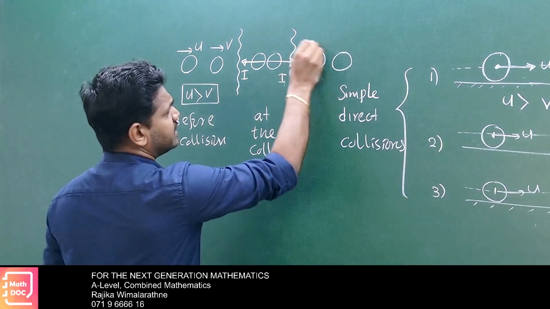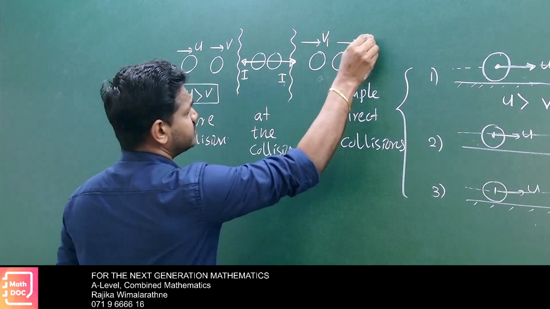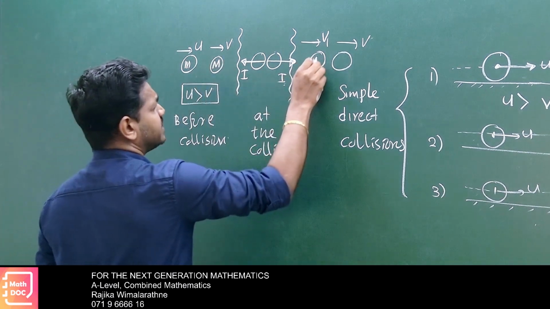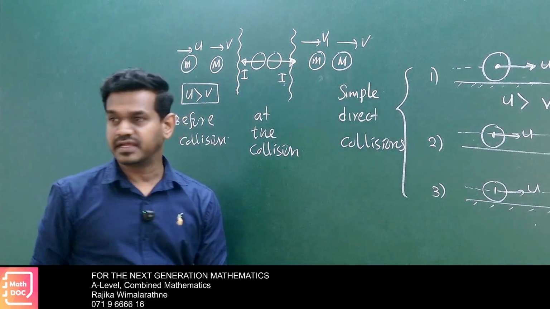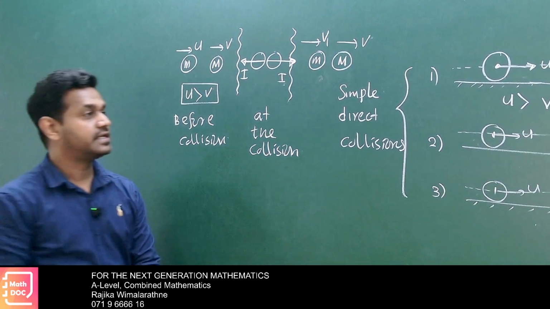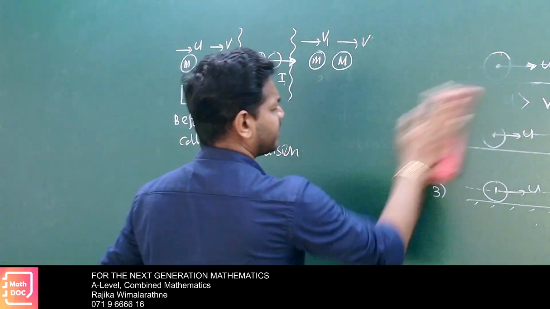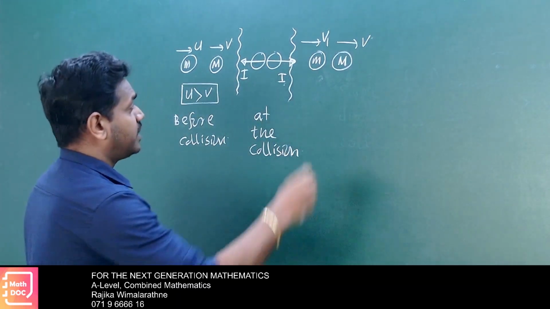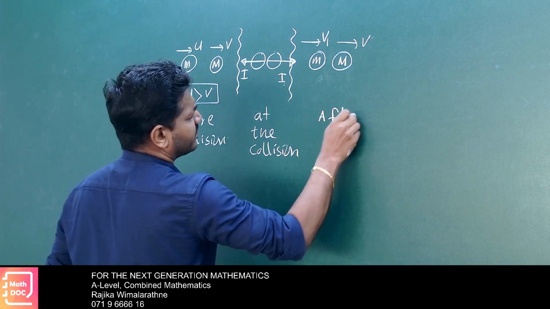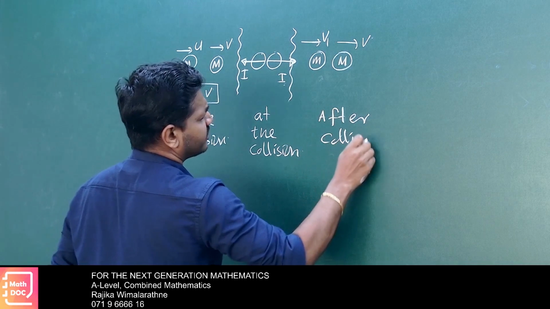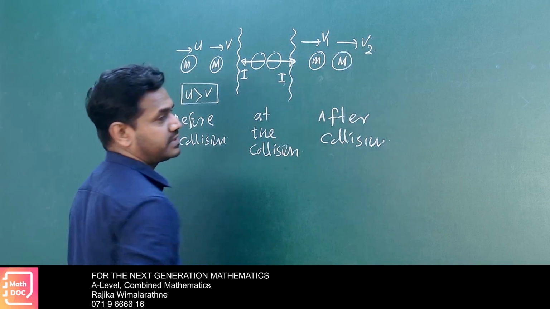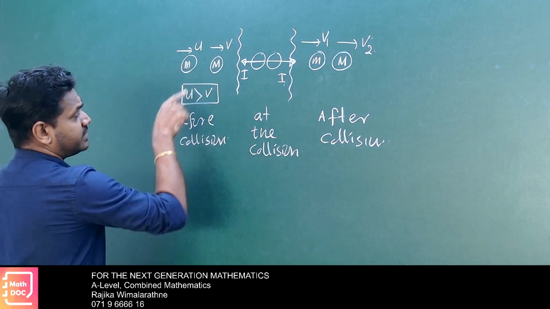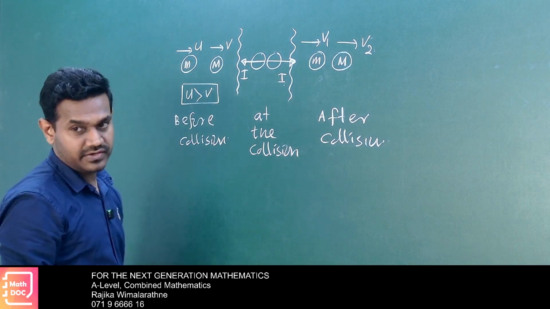Here after collision, say velocities v1 and v2. Here say mass m, here capital M. Take this simple direct collision. Now after collision, take your V2. There's one important thing: before collision definitely u is greater than v, no? Otherwise they don't collide.